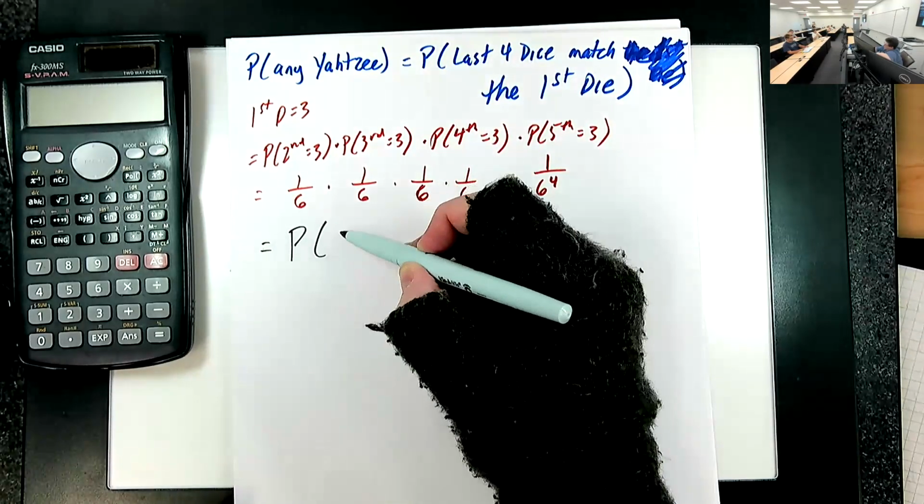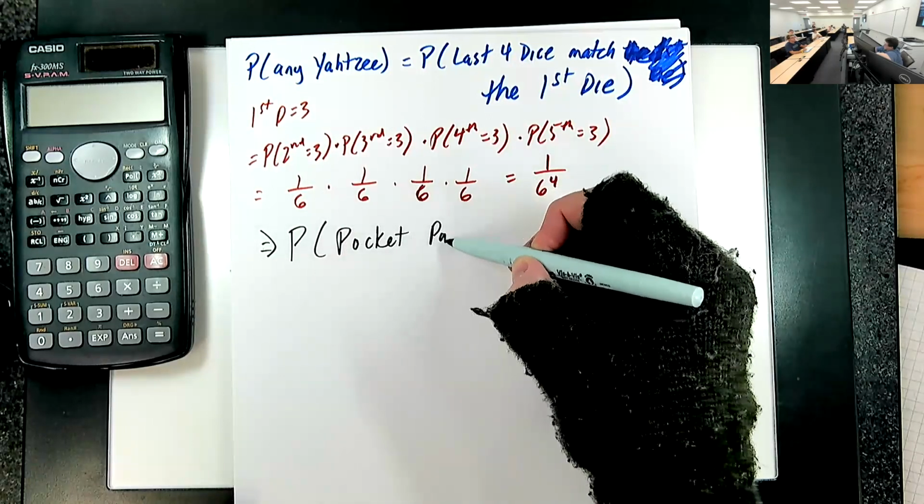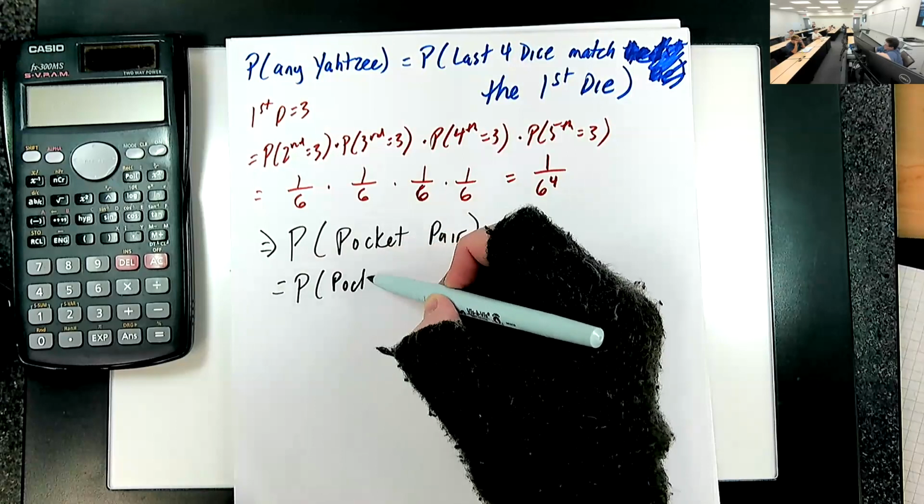Yesterday, we talked about the probability of getting a pocket pair. Let's start with pocket rockets, pocket aces.